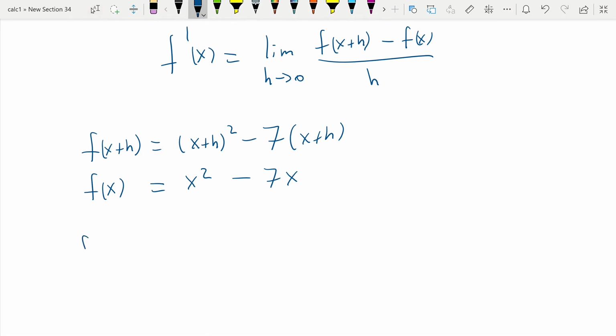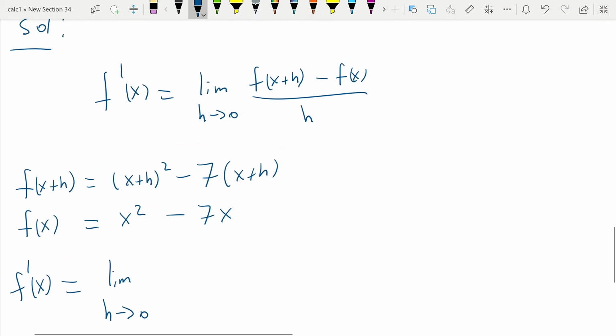So now we need to subtract these two expressions, divide by h, and take the limit as h goes to 0. We can further expand this expression here: x plus h squared is x squared plus h squared plus 2 times x times h.